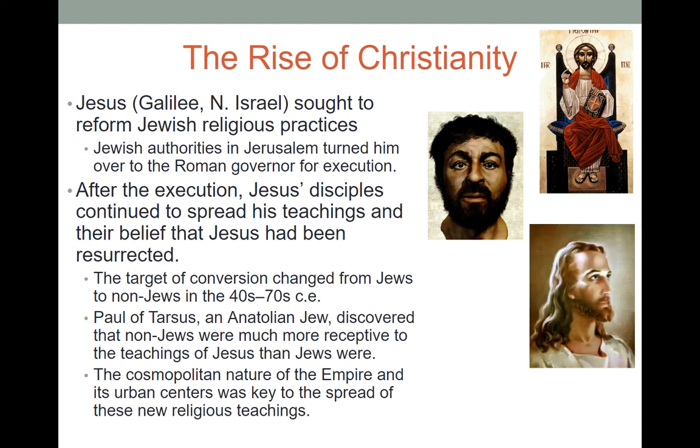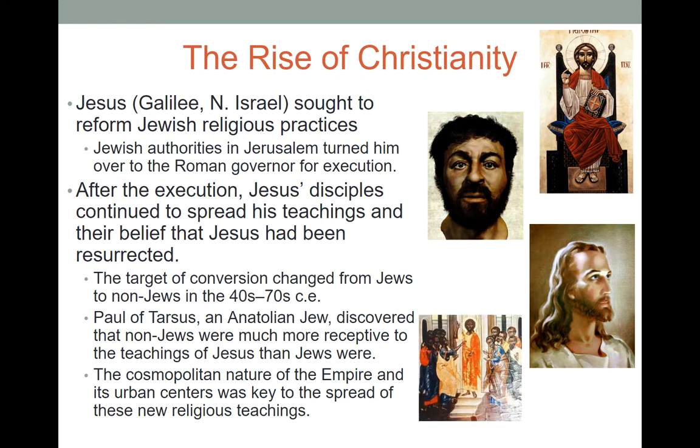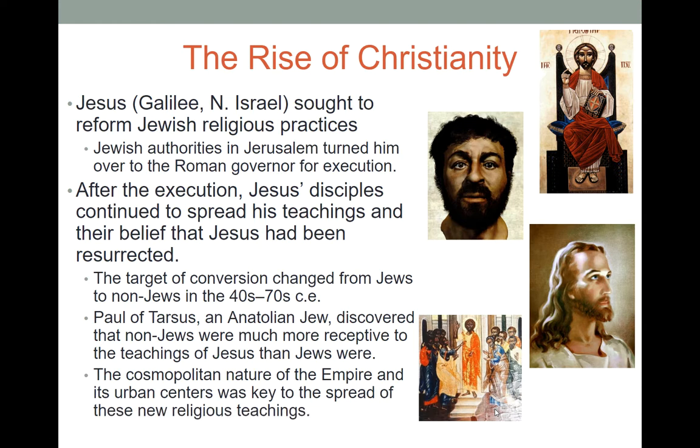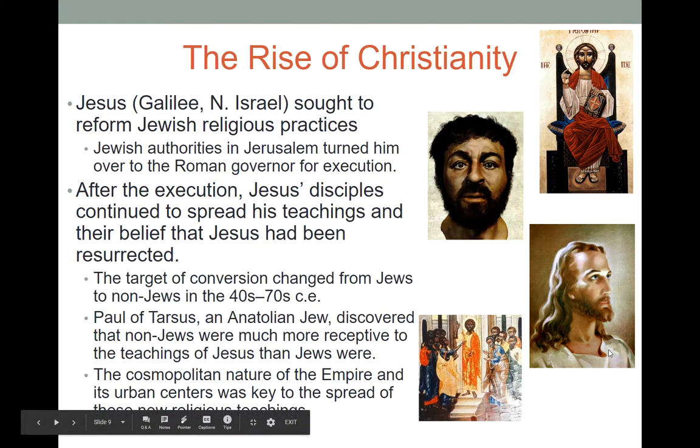But here are some other images, because what's going to happen is as Christianity spreads, the followers want to adopt Jesus as one of their own. This image here is from a Coptic church in Egypt, and it actually is the earliest known image of Jesus and his disciples.